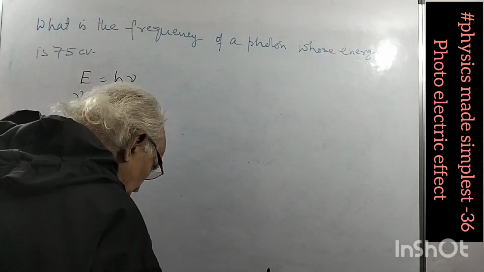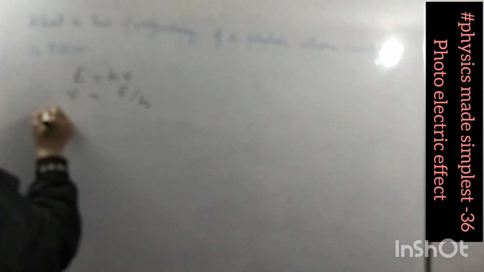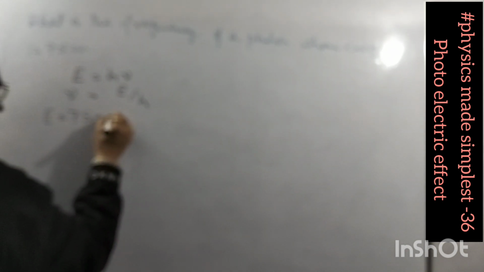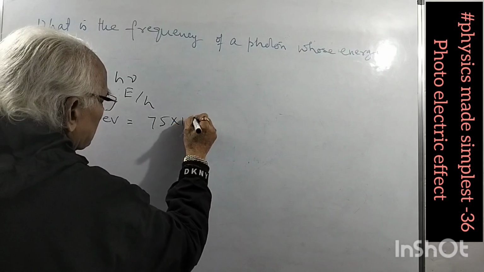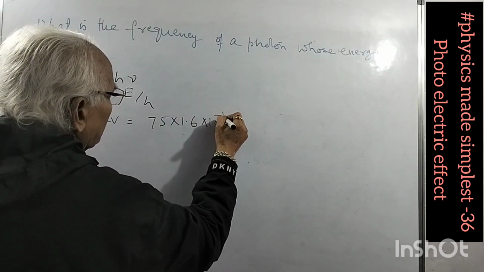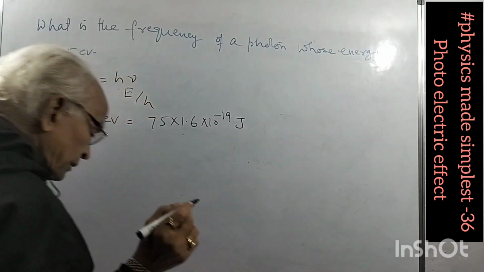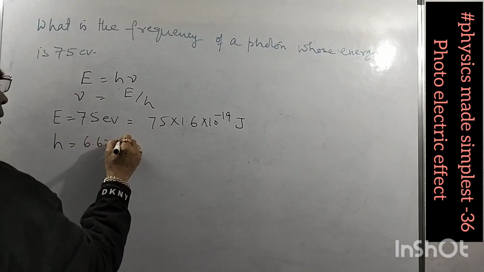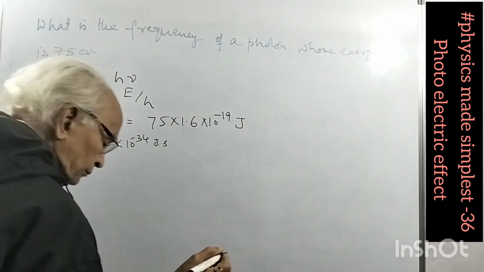So E upon h, and you have E energy given 75 electron volt, converted into joules. So this will be 75 into 1.6 into 10 to the power minus 19 joules. And h is given, 6.62 into 10 to the power minus 34 joule second.